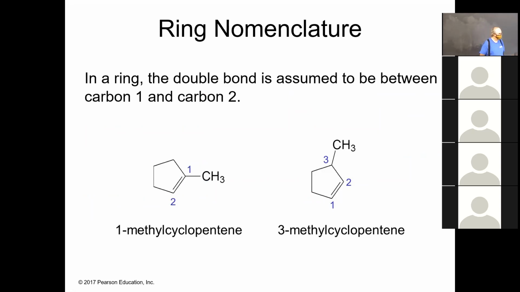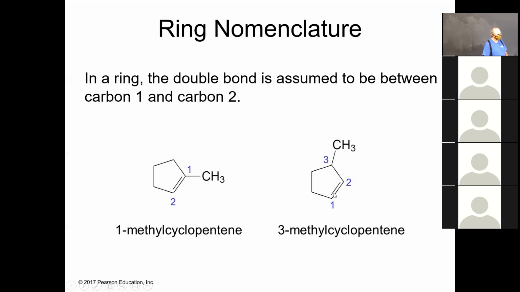Since the double bond is between 1 and 2, we want to give the substituents the lowest possible numbers. And so the structure on the left, we would call that 1-methylcyclopentene. And again, it's assumed that the double bond is between 1 and 2.